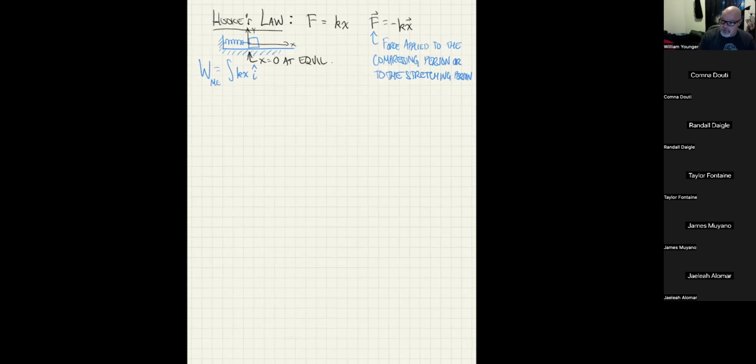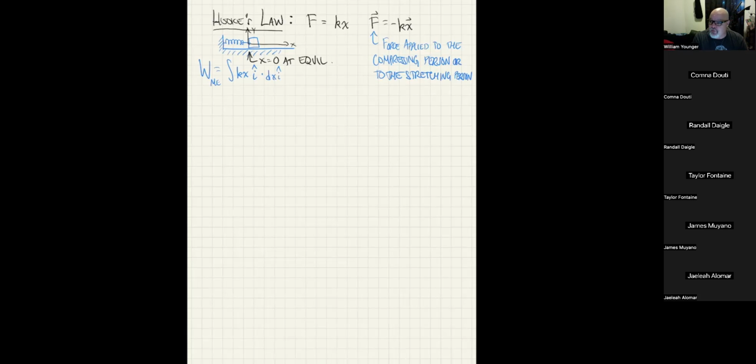The spring is pulling back in the negative. Now the DL is actually DX I hat. So when you're actually doing a line integral, you either have to let the DL point in the direction that you're integrating and going, or you have to let the range of integration dictate it.